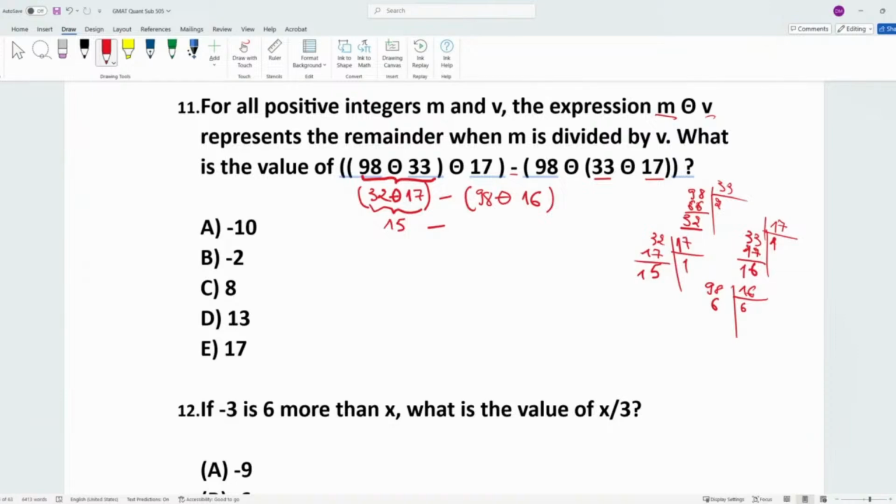We carry the 3, 6 times 1 is 6, plus 3, 9, and the remainder is 2. So now this is our operation. 15 minus 2 gives us 13. Okay, so our answer is this, 13.